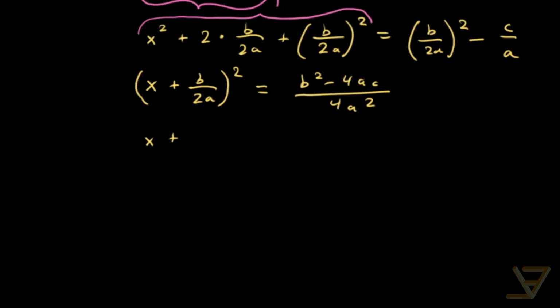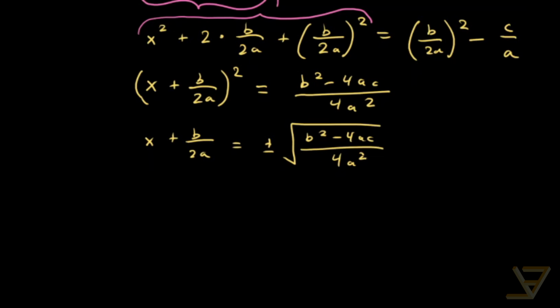So we get x plus b over 2a is equal to the plus minus square root of b squared minus 4ac over 4a squared. And that we can use the distributive property of the square root to say that it's equal to plus minus square root of b squared minus 4ac over the absolute value of 2a, since if you take a square and then do a square root, you get the absolute value.